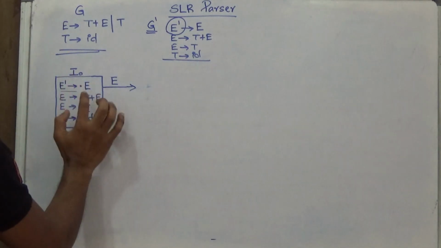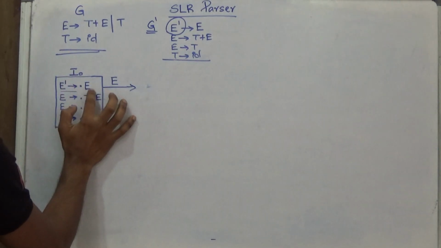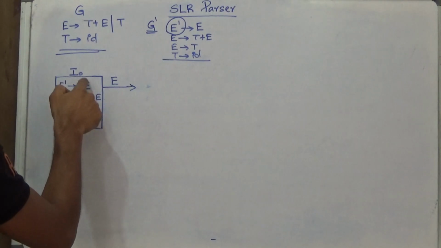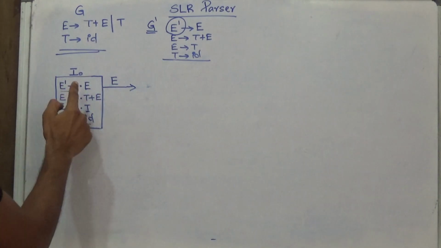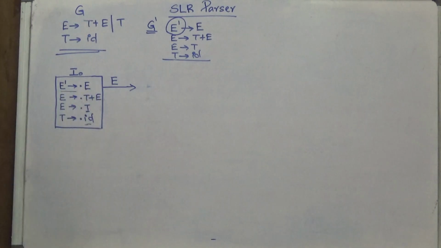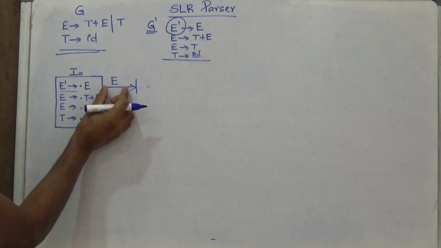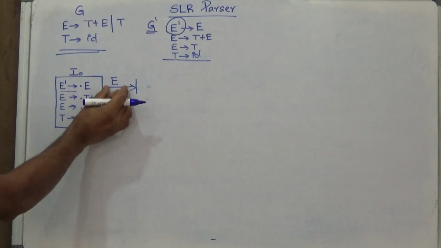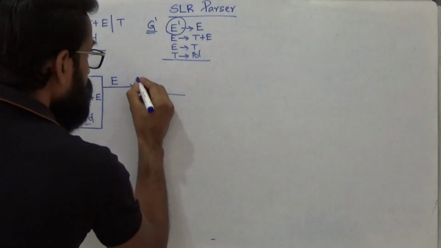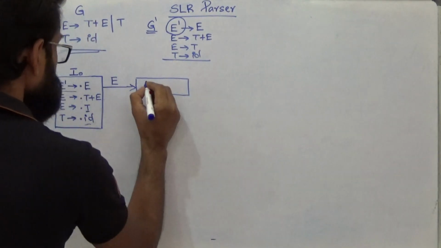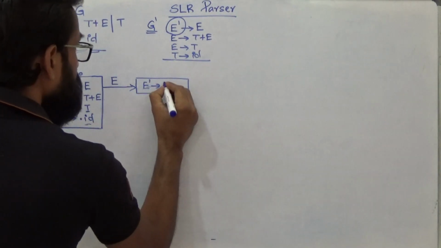So what happens when the parser completely sees a string derivable from E? This dot gets shifted to its right. So whenever the parser sees the string derivable from E, the new item will be E dash giving E dot.